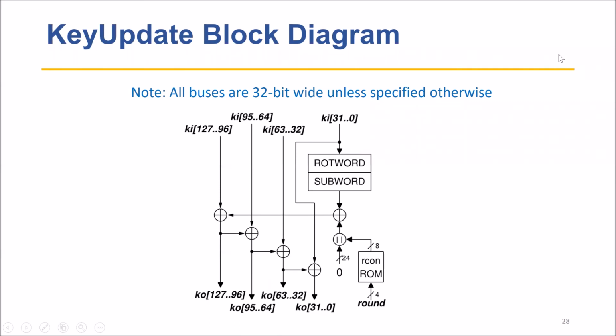Now, let's look at the inside of the key update module, which is responsible for generating the key for each round. As you can see, the internal structure can easily be written in HDL. For round constant values, we save them in the RAM and use those values.